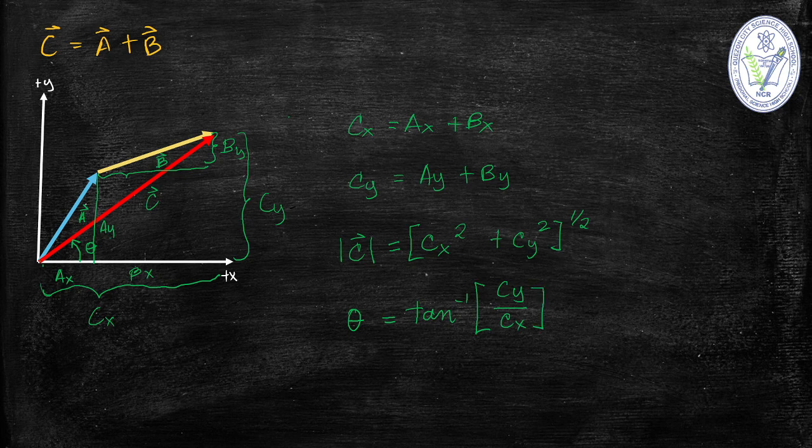So in this method, we can express vector C in polar form. Okay?